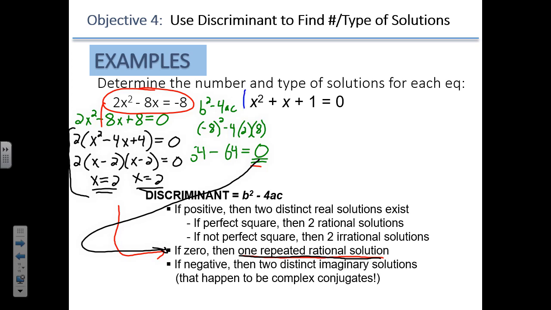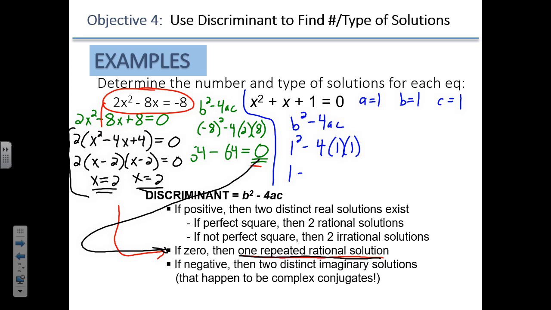Okay, and our last one over here, x squared plus x plus 1. I think it's pretty clear that in this equation, a equals 1, b equals 1, and c is equal to 1, and therefore b squared minus 4ac is equal to 1 squared minus 4 times 1 times 1. That is to say 1 minus 4. Our discriminant value here is -3.